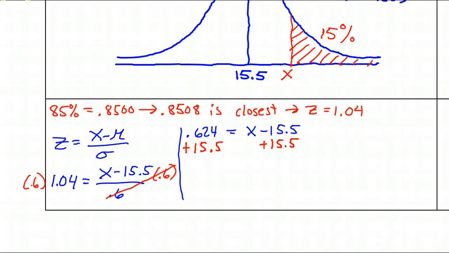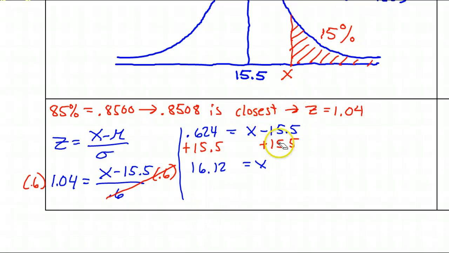And I am getting 16.124 as my x value, which is going to be 16.12. I'll just round that off.